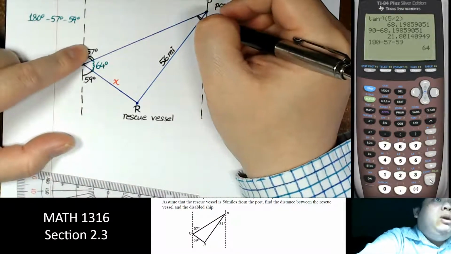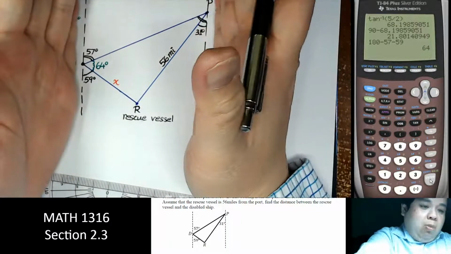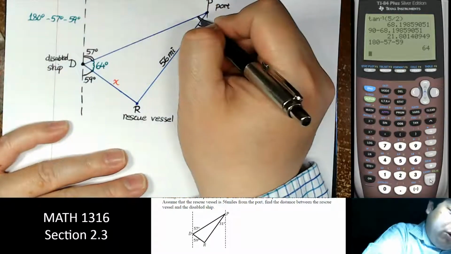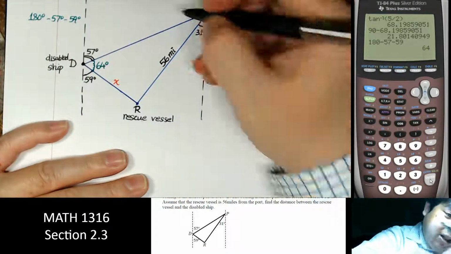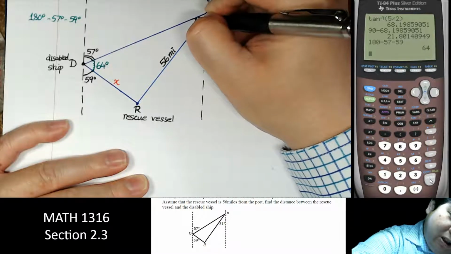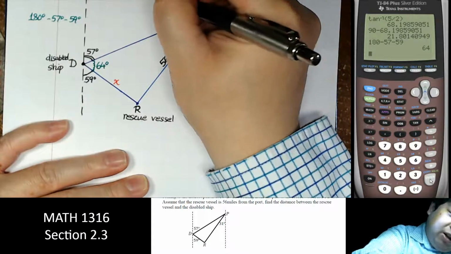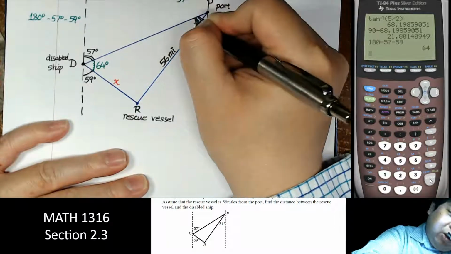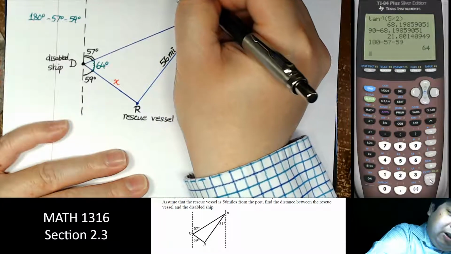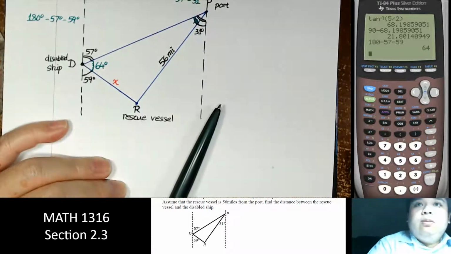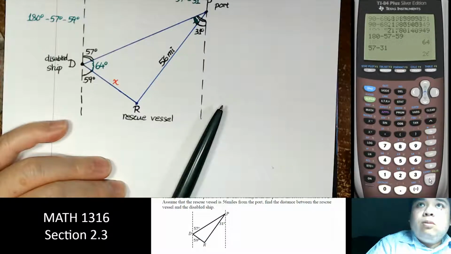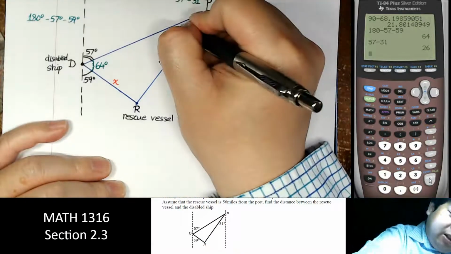Those two angles will be the same because these are parallel lines and we have a transversal. So the angle we're talking about here is going to be 57 degrees, the whole thing minus 31, which is 26 degrees.